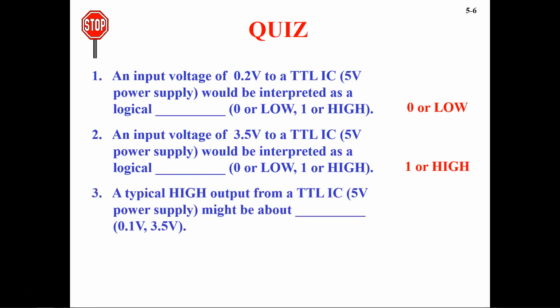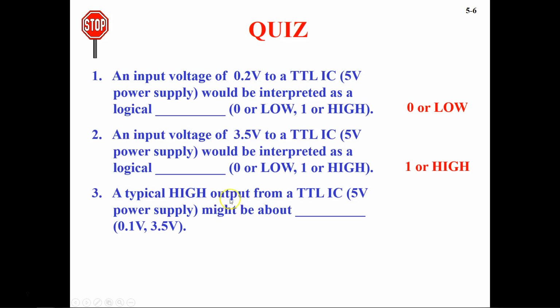And let's see the third. It says a typical high output for a TTL IC powered by 5 volts might be about... So here it is talking about the high level output. We saw input voltage and output voltage range.